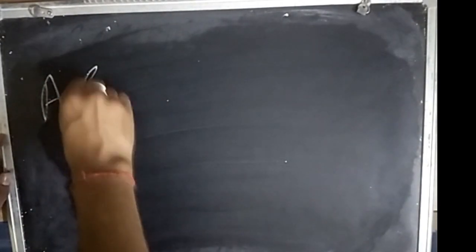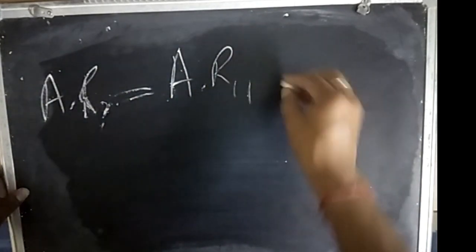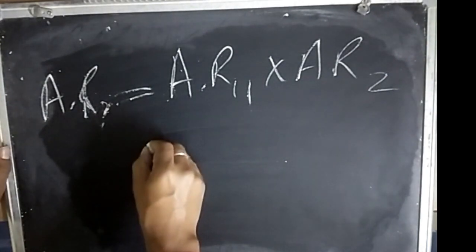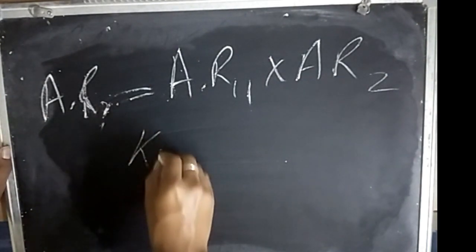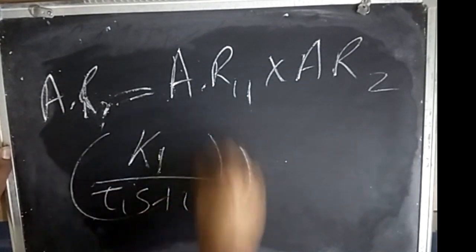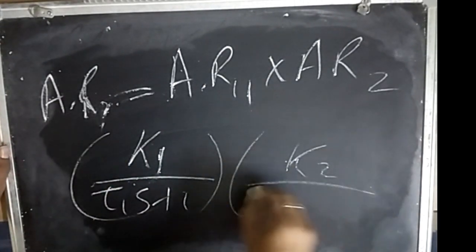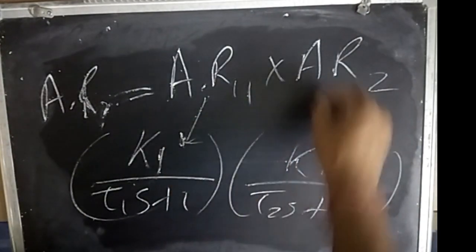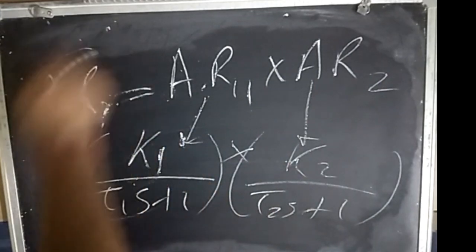Now some important rules, not tricks but a way to solve this. The overall amplitude ratio can be found as the amplitude ratio of one system into the amplitude ratio of the second system. Let's say I've been given K1 by tau 1 s plus 1, this is one system, and K2 by tau 2 s plus 1. Find the amplitude ratio of each and multiply them, and this will be the overall amplitude ratio.